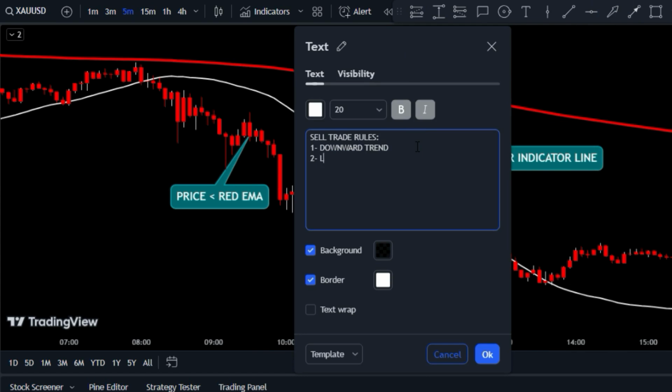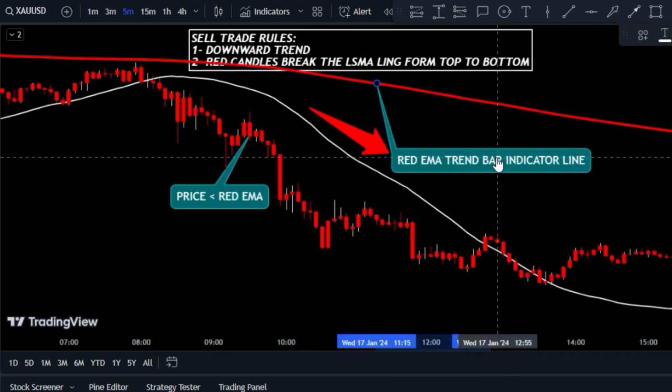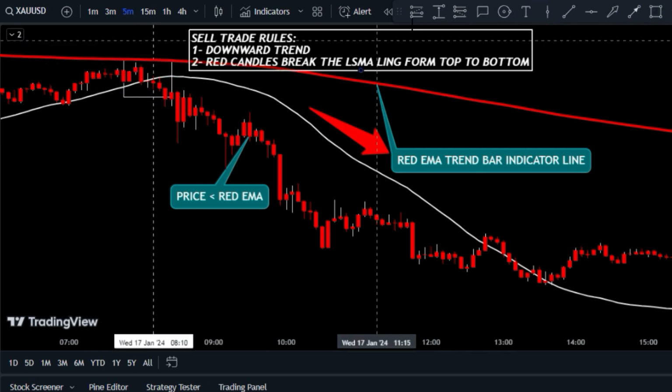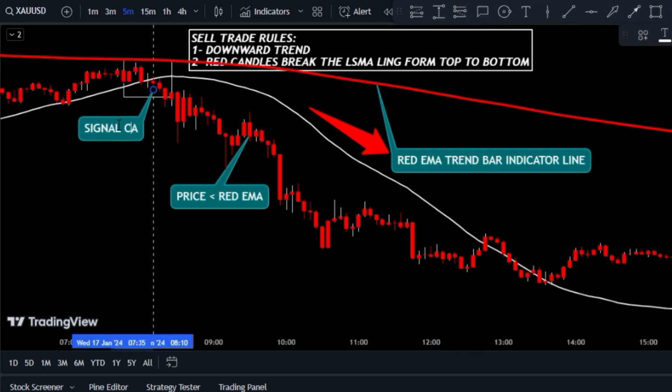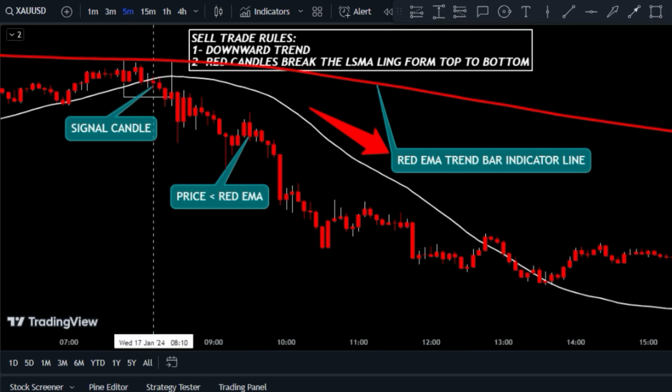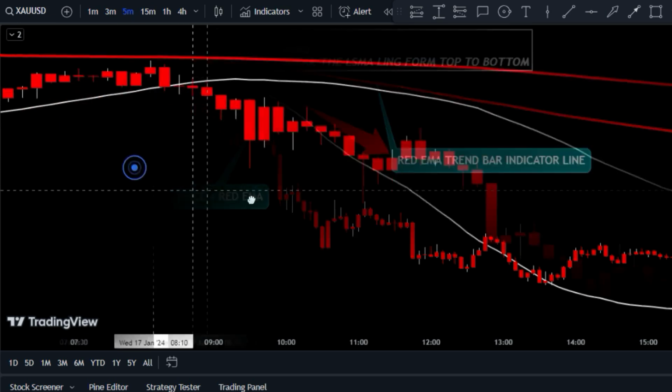Then we wait for a red candle to break out below the LSMA line and close under it. With both of these conditions met simultaneously, you're all set to enter a sell trade.